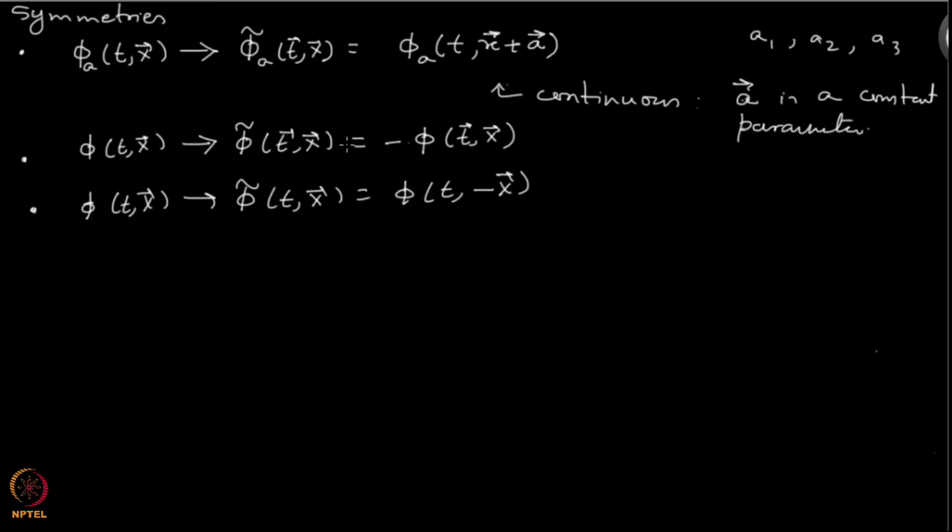Now, there is a distinction between this kind and these two. These two transformations, the first and the third, are related by a change in the argument, in the space-time arguments. Not this one, sorry, this one. So here there is a change in the arguments. Here you have x plus a, here you have minus x. So these are space-time symmetries.